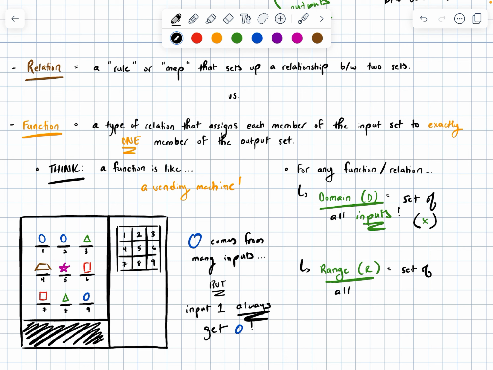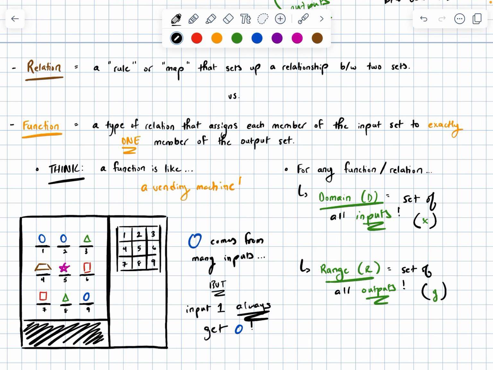And our range, rather than thinking of it as values of y, is the set of all of my possible outputs, which we typically connect to the variable y.